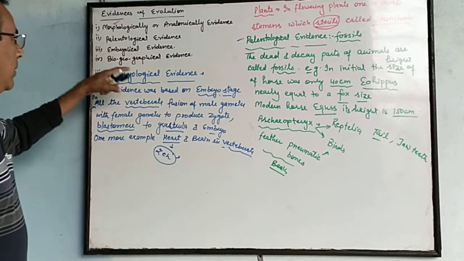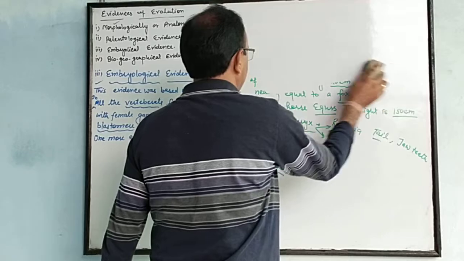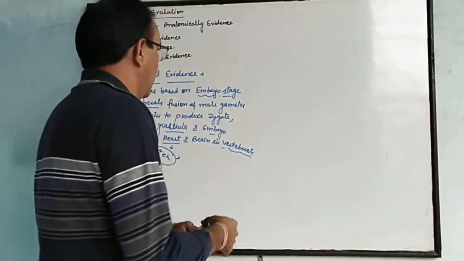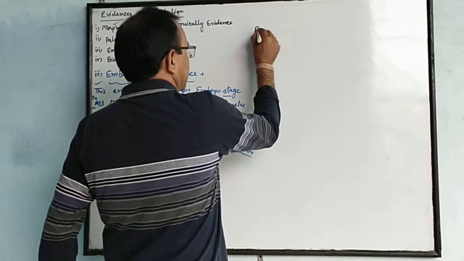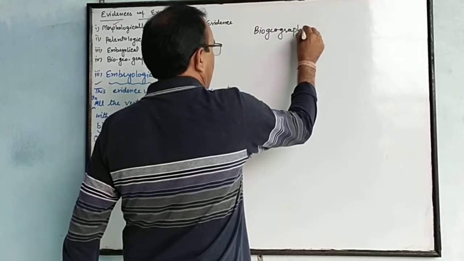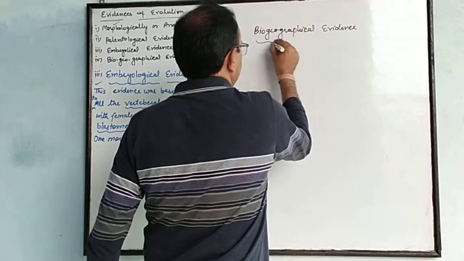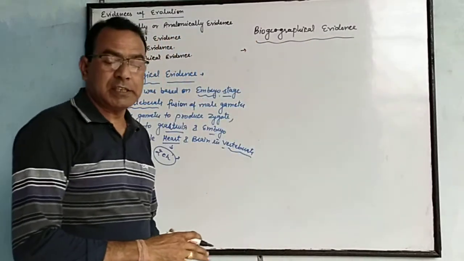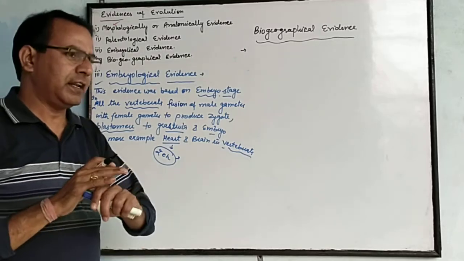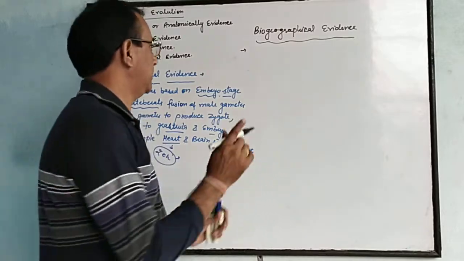And the last one is biogeographical evidences. Biogeographical evidence is based on different climates or different continents. The organism changes its structure and habitat differently from each other.